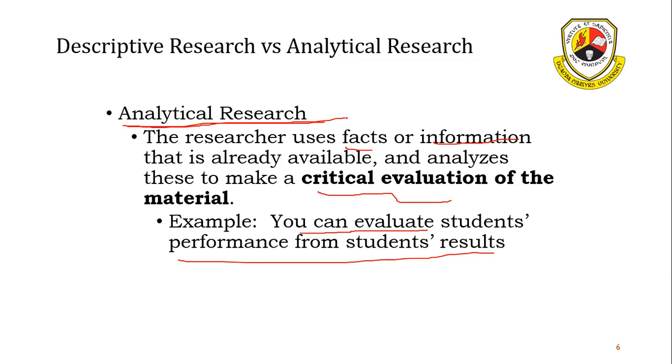If I was looking at performance, I want to look at maybe attendance, I want to look at participation. Remember the variables we outlined, and then you look at the results that come into play.